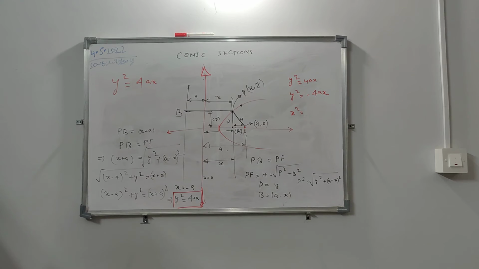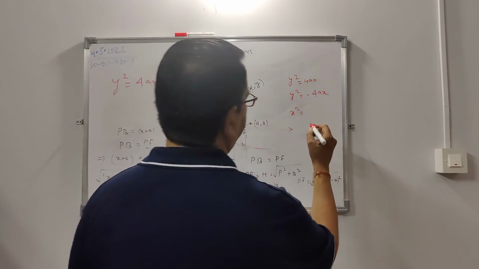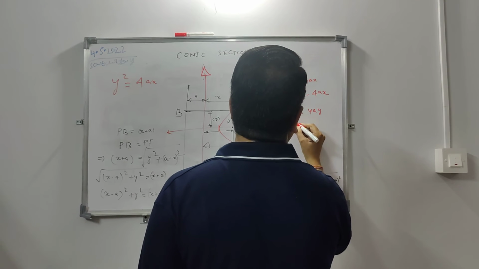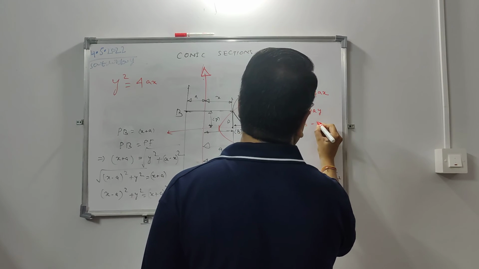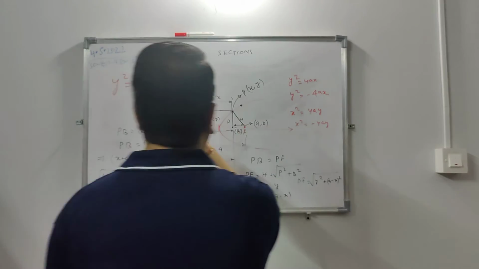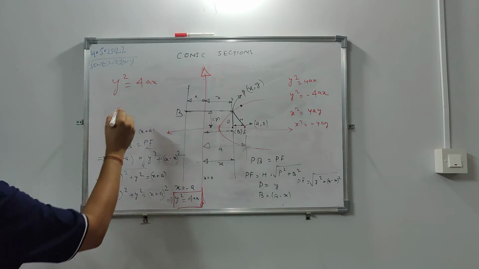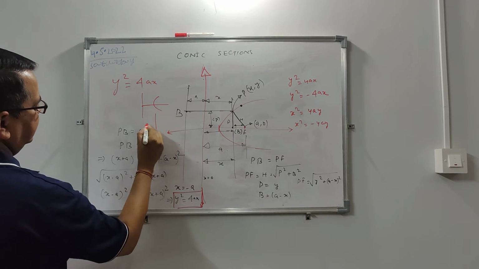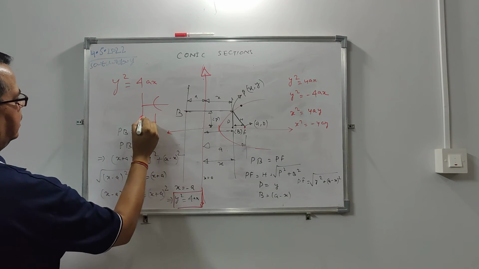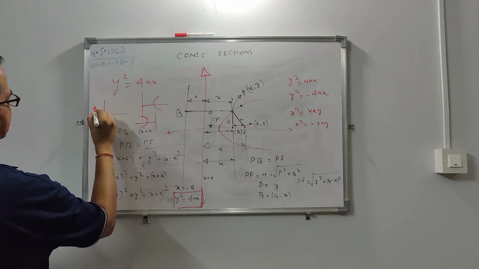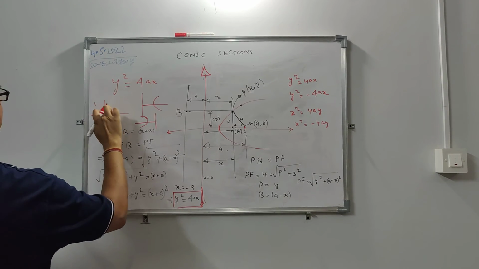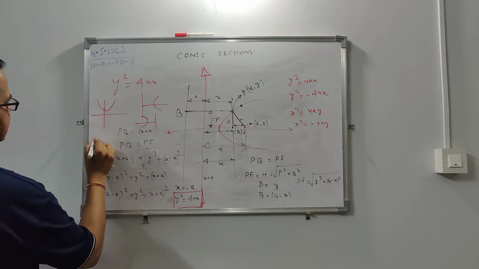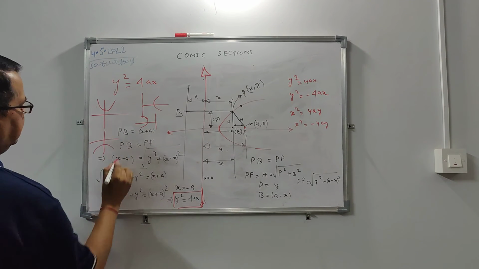First and fourth, here it is second and third. So x square is equal to 4ay and x square is equal to minus 4ay. As I had explained earlier, it can be like this, or like this, or like this.